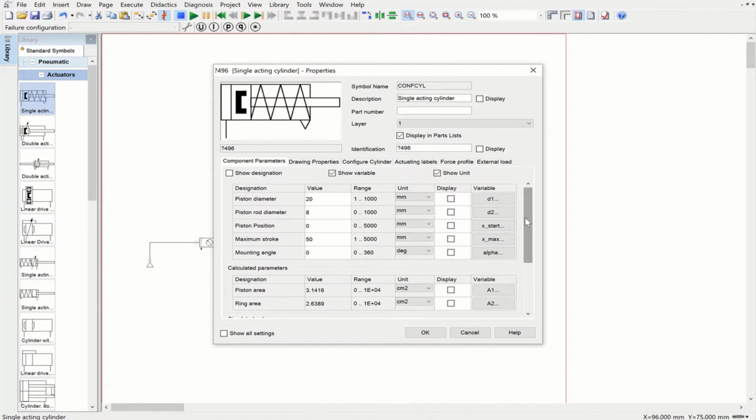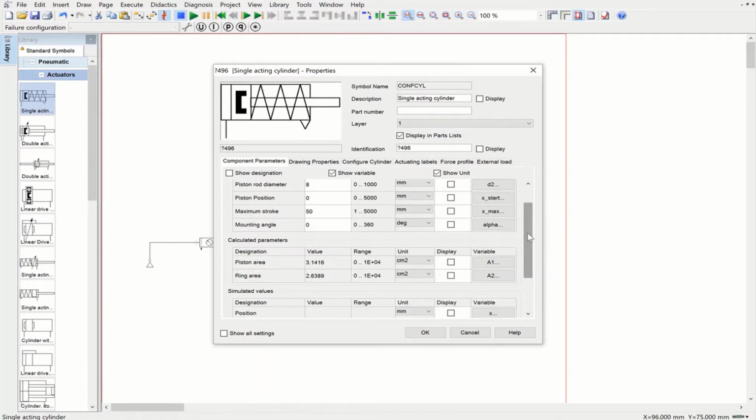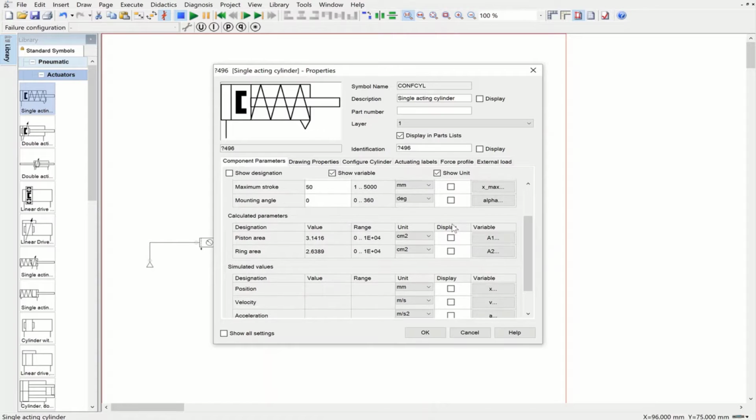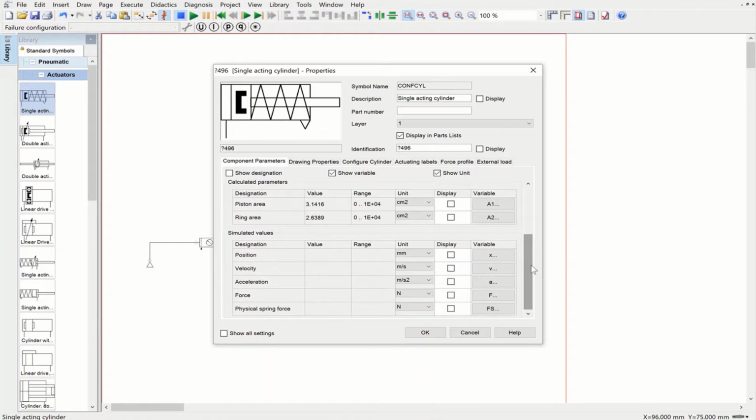The other thing that we have here is the piston area. If we already have the diameter, the software internally is going to calculate those values for us, right? And you see we have the display item here, which means whenever we want to see that parameter inside the simulation, we can just check this and we see the parameter. We also have position, velocity, acceleration, force, and physical spring force.